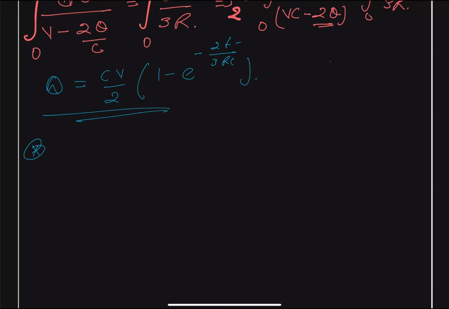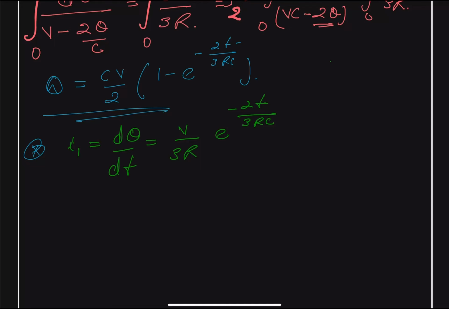So we can say our I1 is dq by dt, and that will be equal to V upon 3R e raised to the power minus 2t divided by 3 times RC.